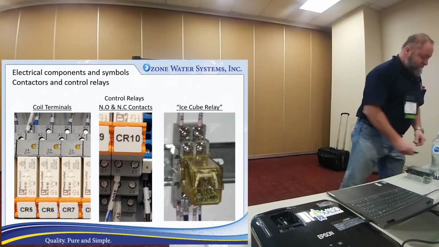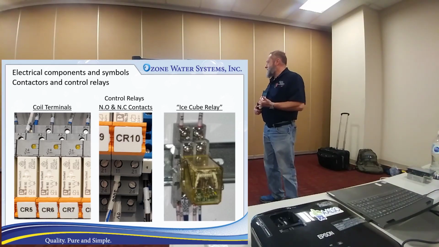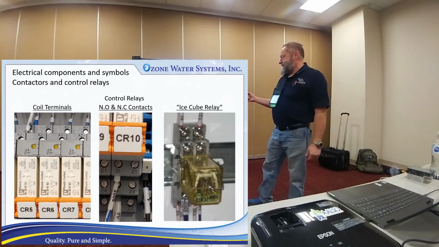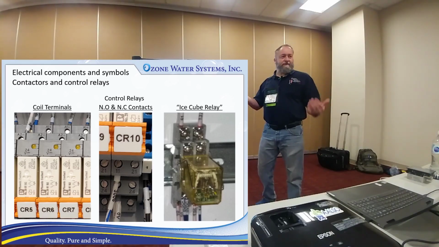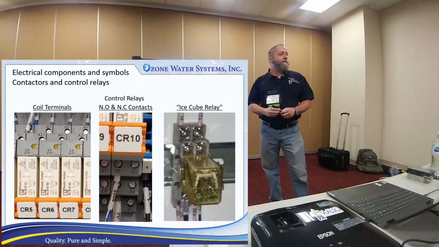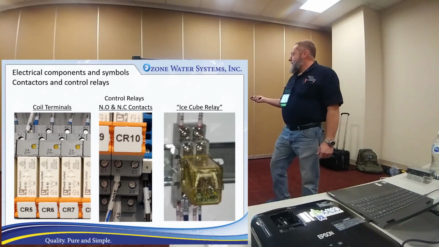So like I said, they're very similar to a contactor, except they don't handle as much power. They're not generally for larger loads. They are limited. Usually most of these types of relays are limited between 6 to 10 amps, whereas on a big contactor you can do 20, 30, 40 amps or more quite easily.